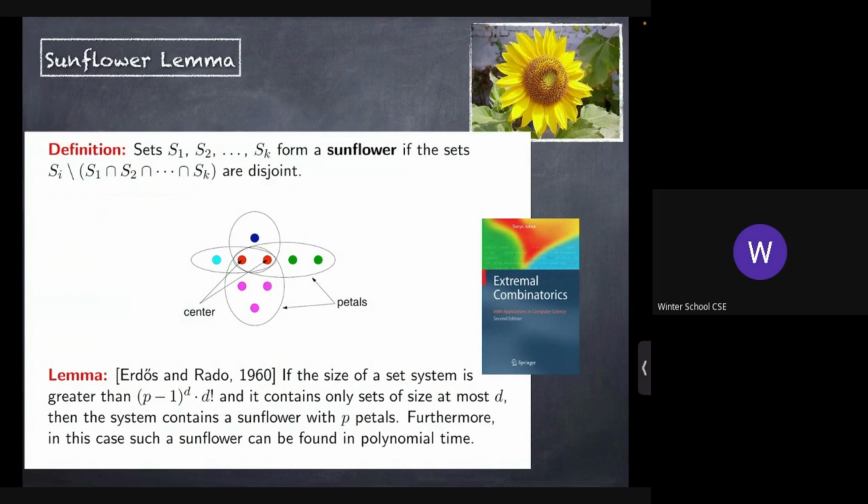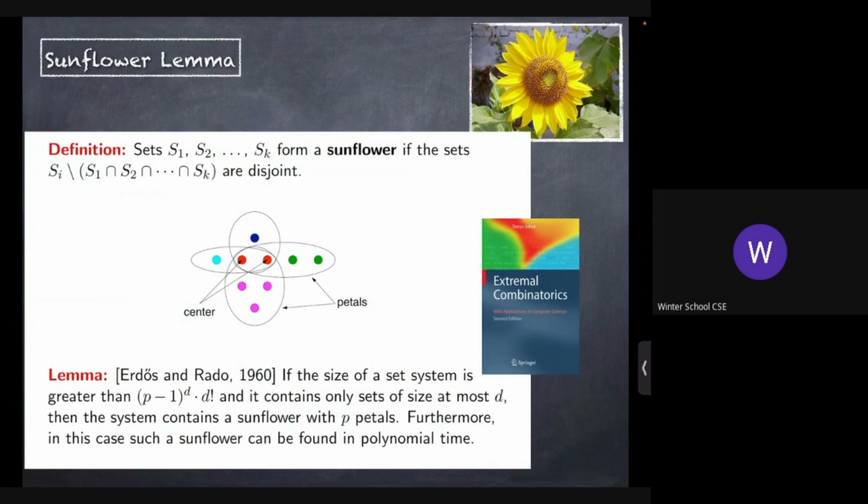A sunflower is, if I have k sets S1, S2, ..., Sk, they form a sunflower if, when I take the common intersection of all of them and remove it, the remaining subsets are entirely disjoint.